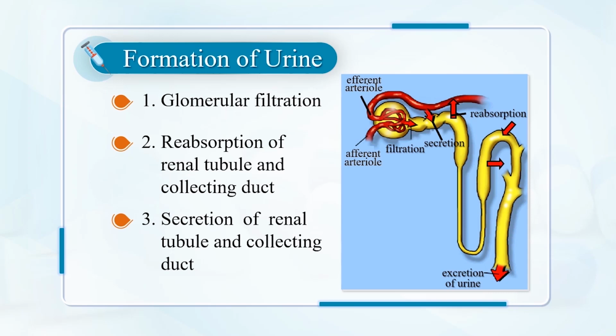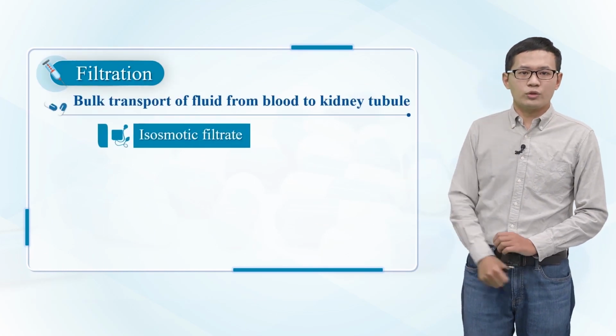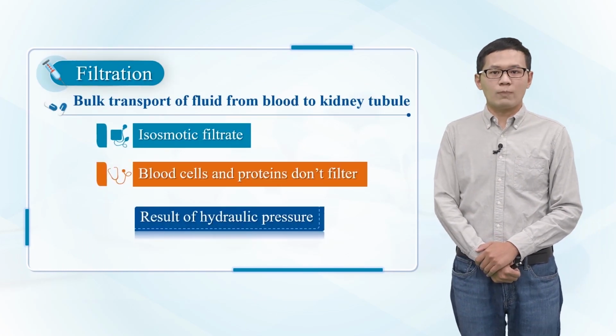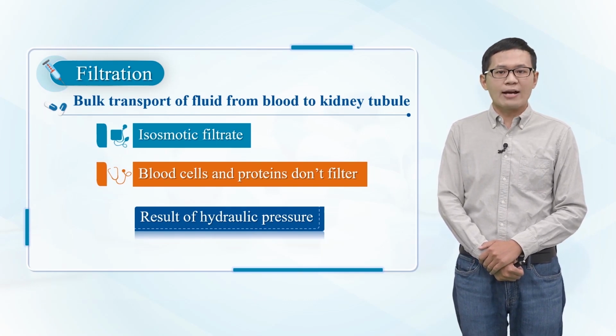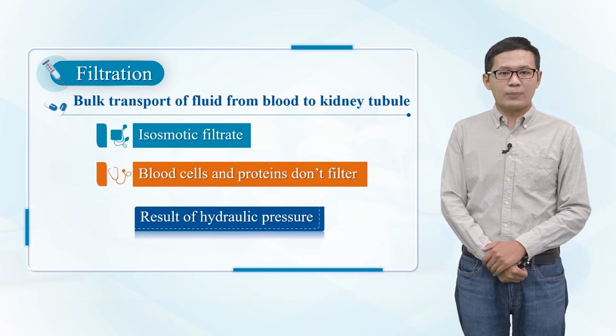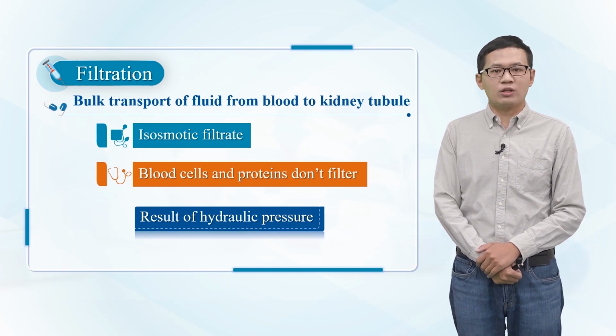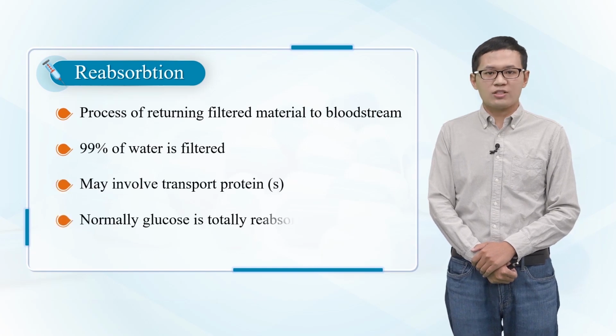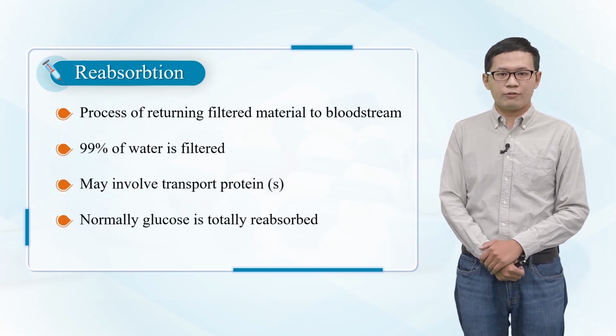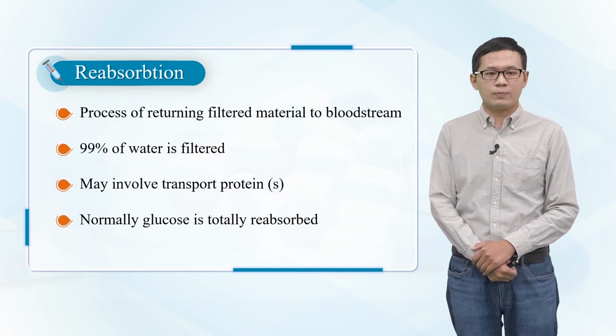Urine making begins in 3 steps: glomerular filtration, reabsorption, and secretion in the renal tubule and collecting duct. First, the nephron filters, a bulk transport of fluid from the blood to the kidney tubule. The process mainly depends on hydraulic pressure, and blood cells and proteins don't filter. Then the filtered fluid is reabsorbed in the tubules, a process of returning filtered material to the bloodstream.